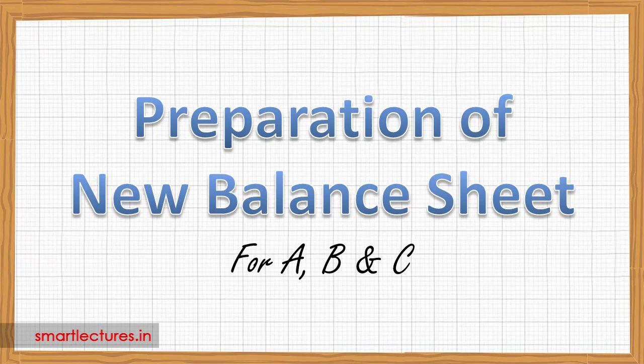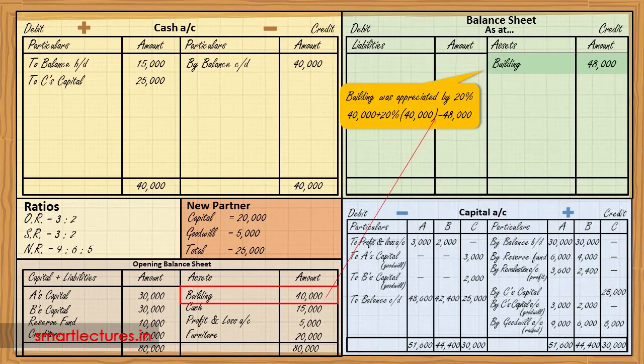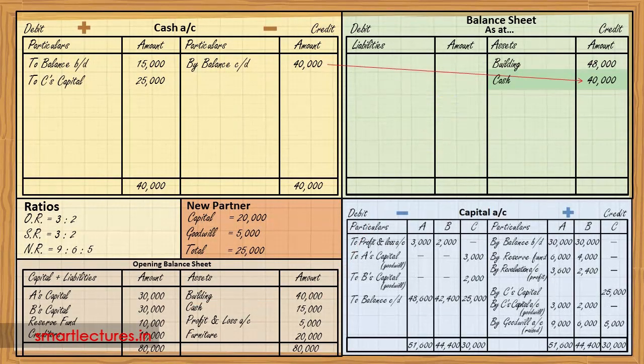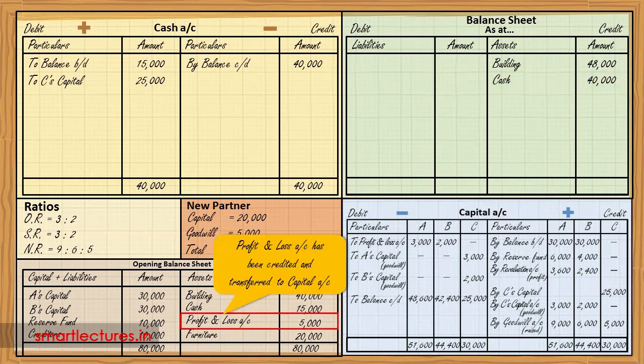Prepare the balance sheet now. This is the balance sheet of ABC. Asset side. Building. Previously it was 40,000. Now it is 48,000. Cash. Previously it was 15,000. Now 40,000. This is the closing balance we have taken from cash account. This is the balance CD. Now profit and loss account.